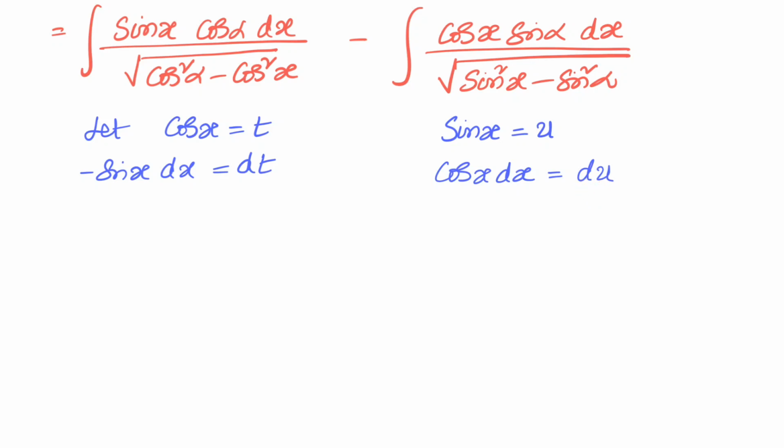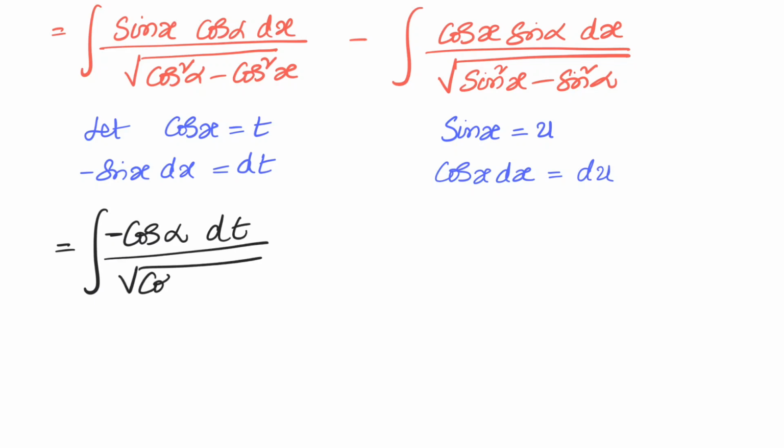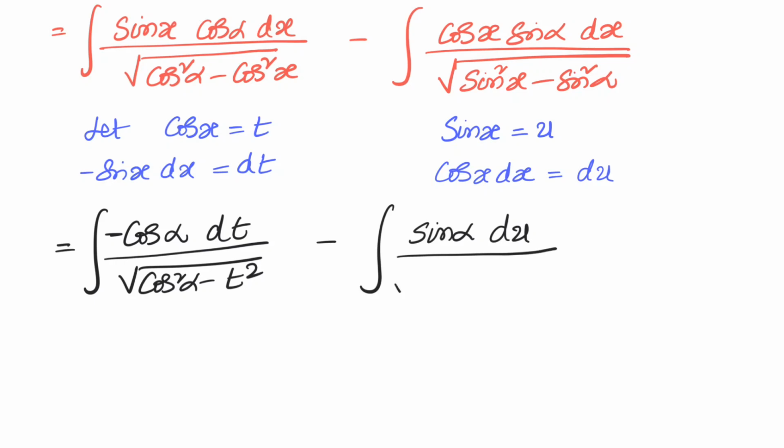Let's write down the integral of minus cos alpha dt divided by square root of cos square alpha minus t square, and the second, cos x dx goes to du. So it will become integral of sin alpha du divided by square root of u square minus sin square alpha.